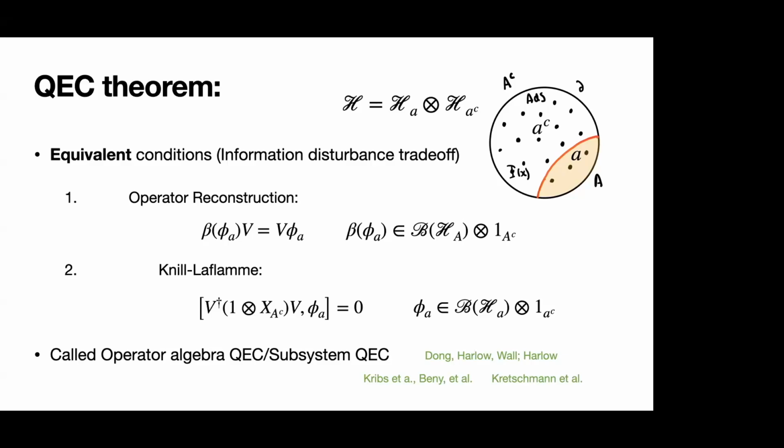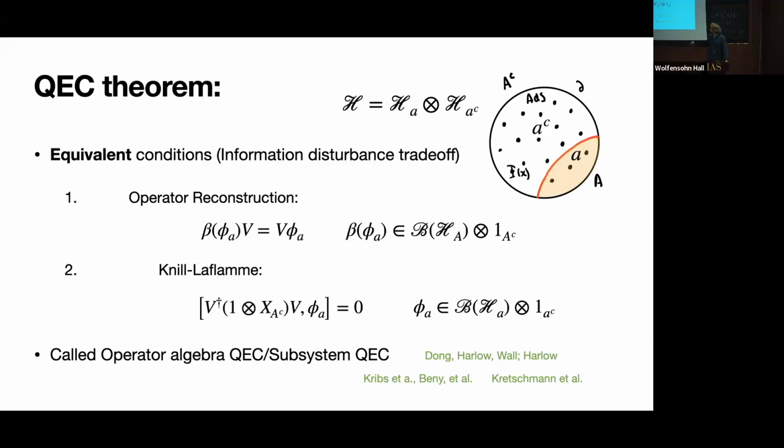It turns out that that condition, if we can do that for all possible operators in this region A, is equivalent to another condition, which is called the Knill-Laflamme condition. It is the simple statement that the errors in this error correcting code are related to tracing out the whole boundary region A complement.